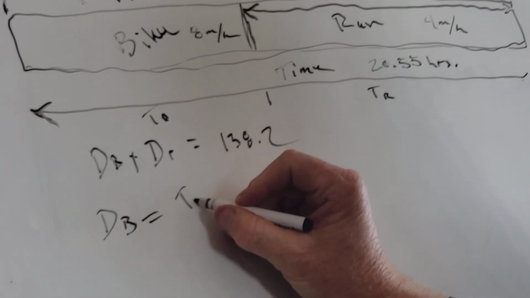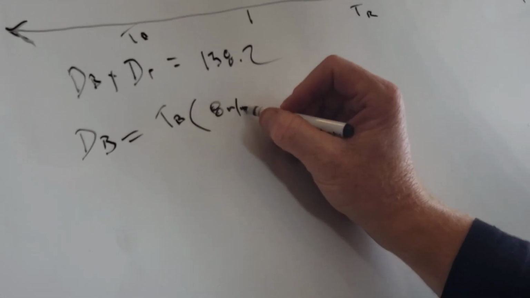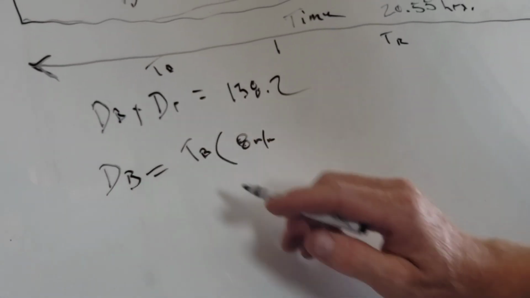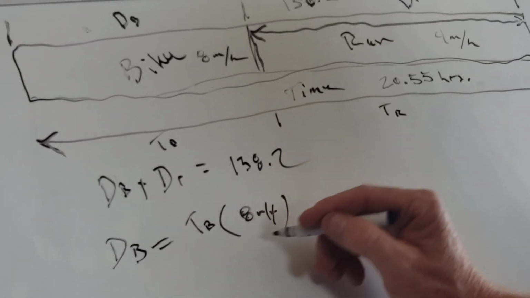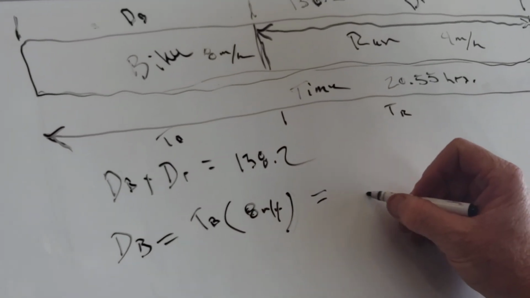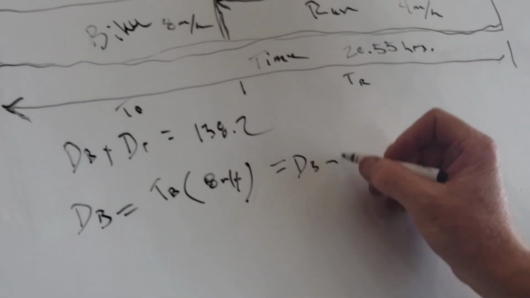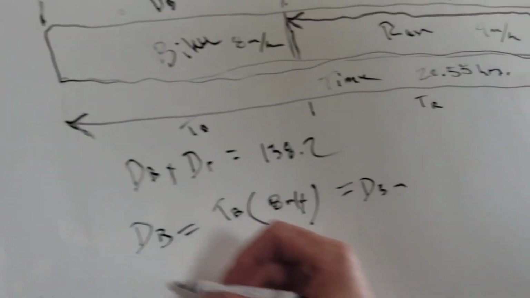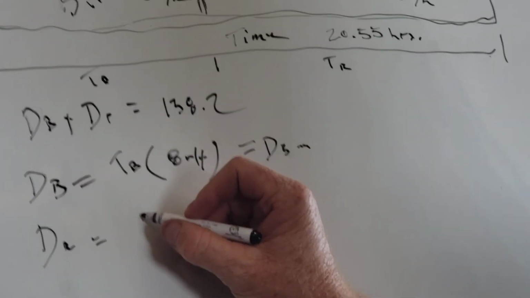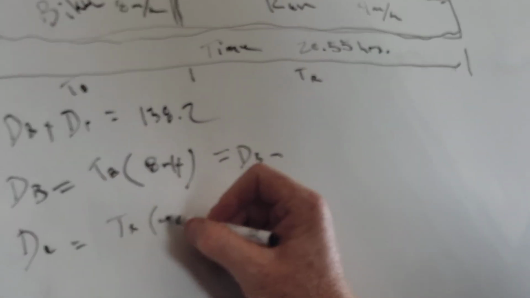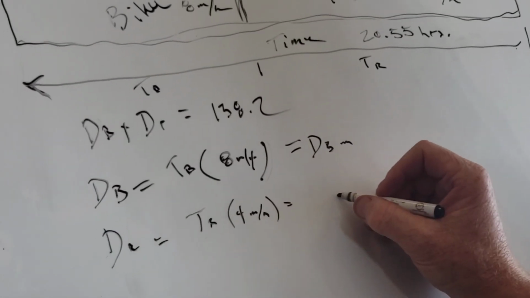If we look at our units here, time of the biker is in hours, this is over hours, so the hours go away and you end up with just miles. So we can check our math using our units. And the distance of the runner is the same thing: the time of the runner times 4 miles per hour is equal to miles.